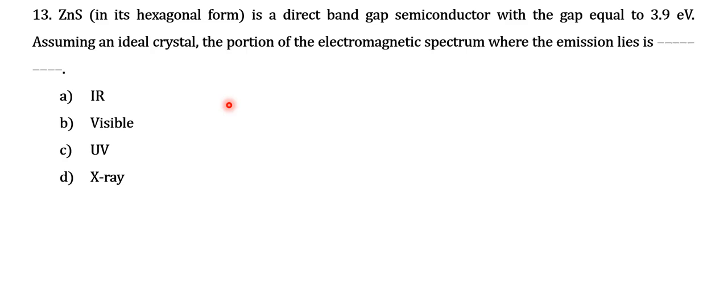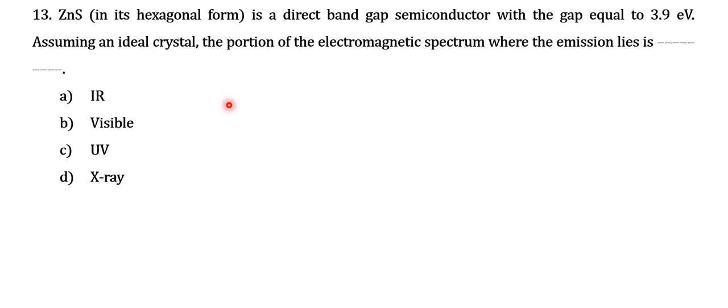Can anybody tell me what the lambda value is? Ma'am, 317.9. Yeah, 317.9, and what is the spectrum? Is it visible, UV, IR, or X-ray? It's anyway not X-ray, so it is not IR. So is it visible or UV?